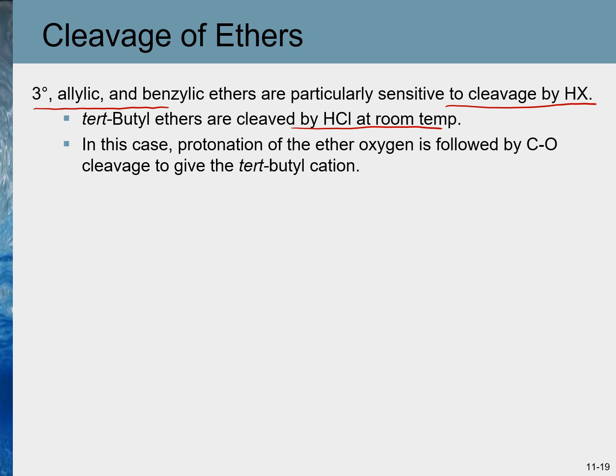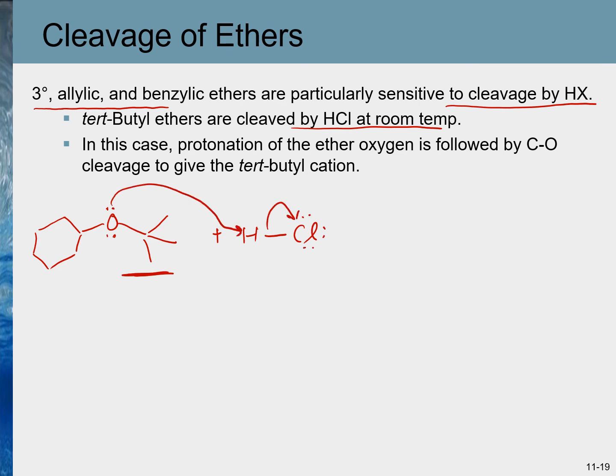Let's take a look at one of the examples. In this case, one of the alkyl chains is a tertiary butyl group, and if we react this ether with HCl, the first step will be a proton transfer step, which will result in a protonated ether.